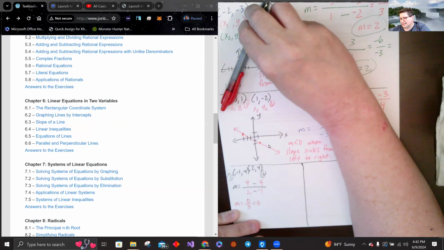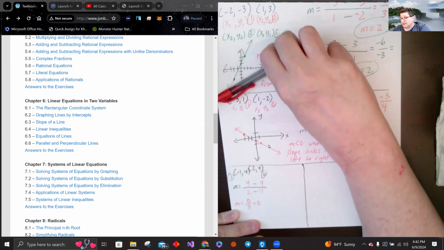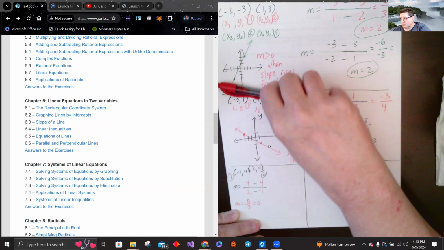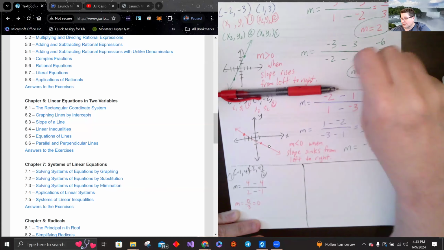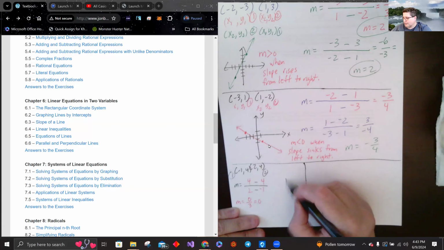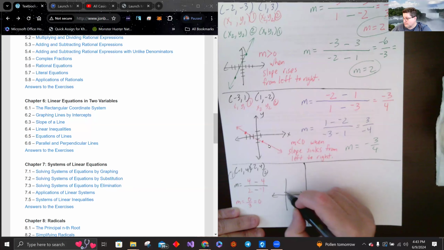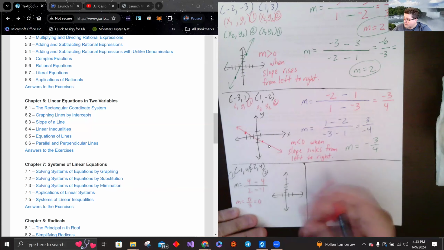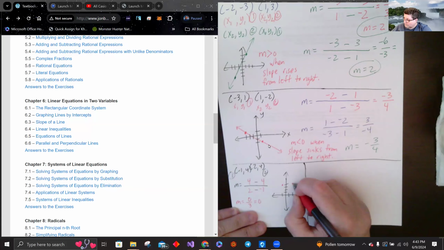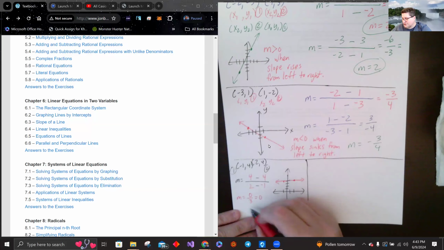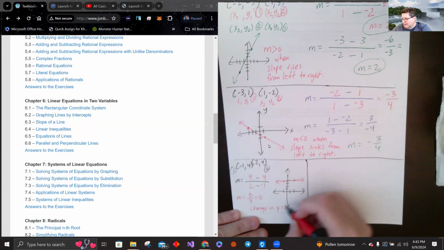As I go from positive to negative, the less positive it gets, the closer to flat, and then as soon as it's negative, it's pointing downward. A slope of 0 makes a horizontal line, as you can see when you plot these points. It's helpful to think of it as a change in y equals 0, which means no up and down.